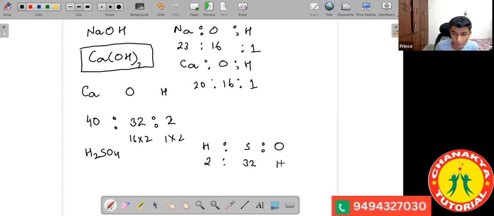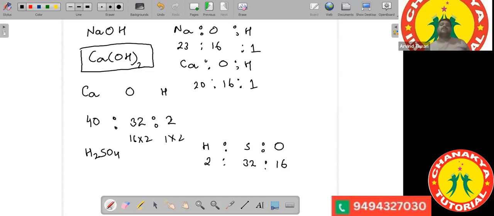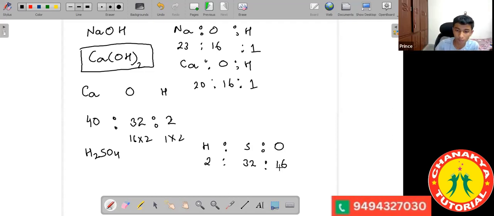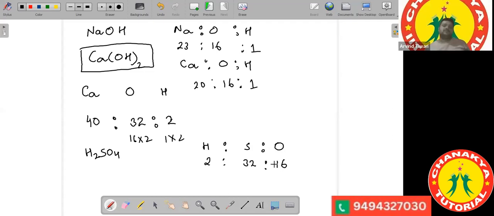Okay, so can you simplify the ratio? The oxygen will be 16 into 4, that's 64. Now, if you simplify the ratio, you get 1 ratio 16 ratio 32. All the ratios have a common factor.